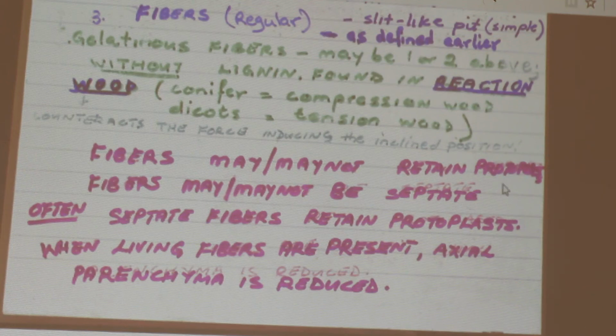Fibers, when they do retain protoplasts, like I said, sometimes they will be for storage. When they do retain protoplasts and they're going to store, we will find that these fibers are often septate. That means they have divisions within themselves in the axial mode.